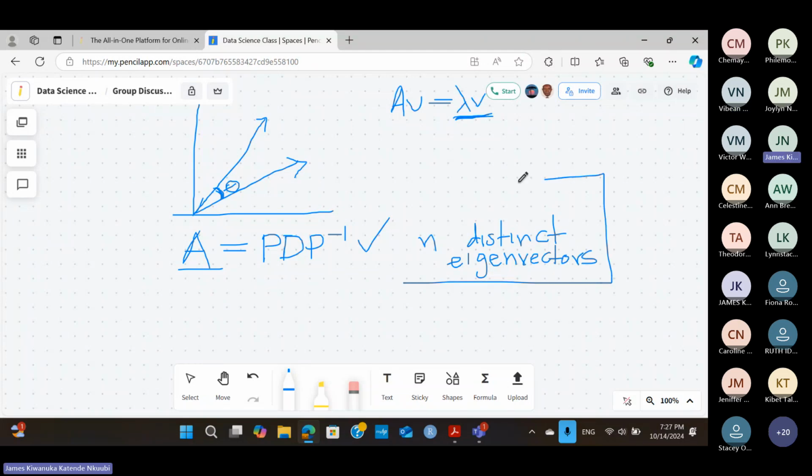Now, this doesn't happen for all matrices. There are some matrices which won't have n distinct eigenvectors, and when that happens, you'll not be able to find an invertible matrix P which diagonalizes A. So this decomposition fails.